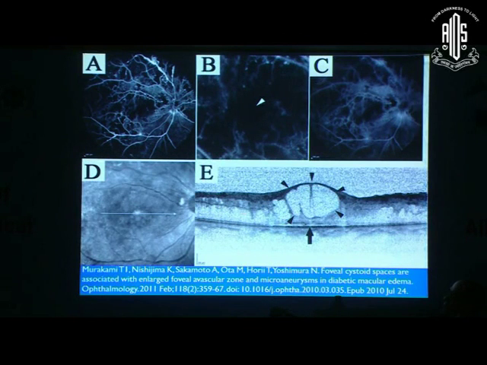If we look at a much larger cyst, which is obviously a chronic looking cyst, and you look at the fluorescein angiography of this patient, you are seeing that the FAZ is much larger. It is not necessary that this has happened because of the cyst, but it is a good way of looking at the fluorescein and correlating with the OCT and trying to understand, okay, what are we dealing with, whether there is a foveal avascular enlargement or not.